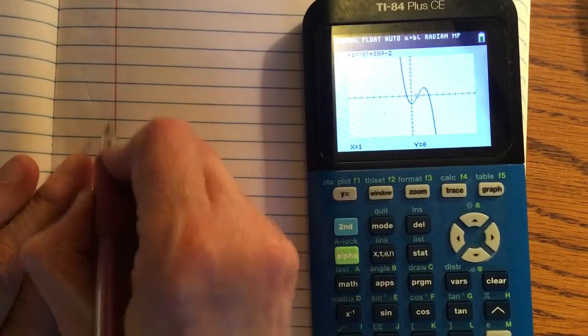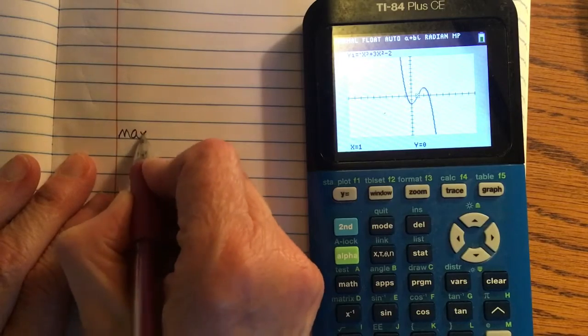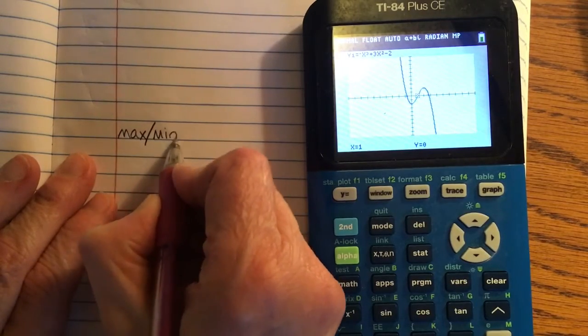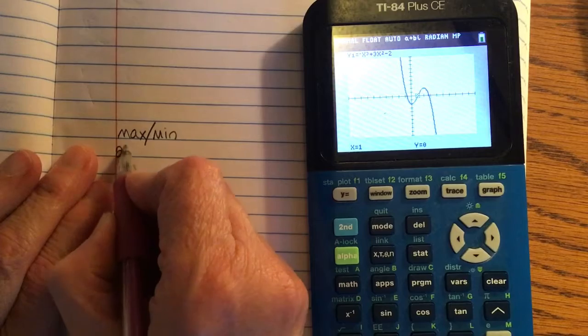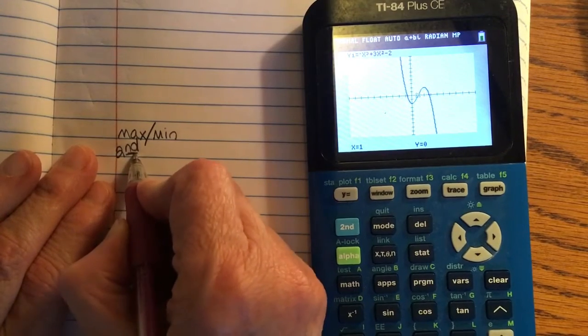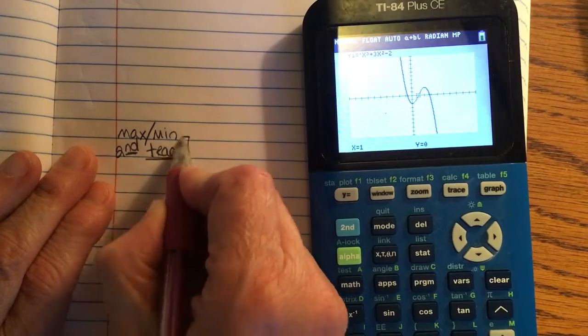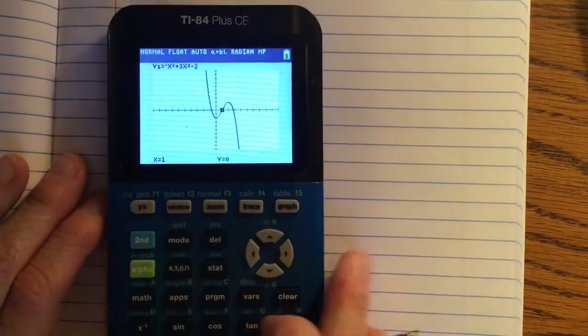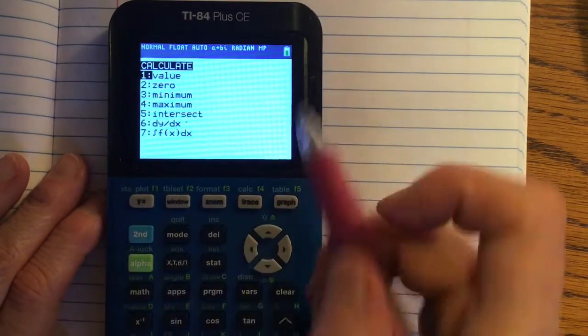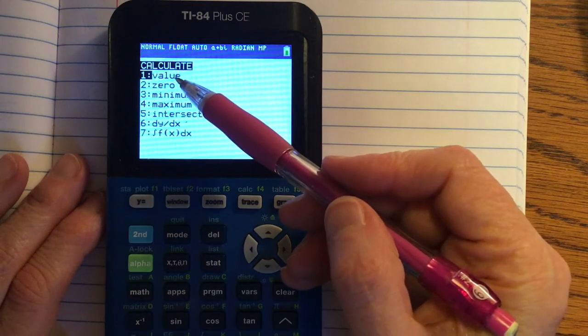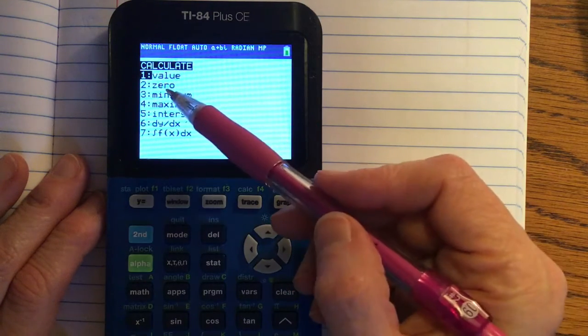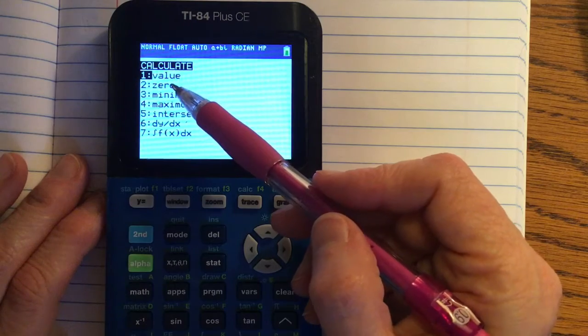Let's see if I can get on the camera. And we're going to do max/min. And I'm going to go to second. And it's actually your trace key, and it's called calculate. So we're going to do second, hit your trace key, and we want to find, and there it tells me. And notice we're going to do 0 here too in just a minute.